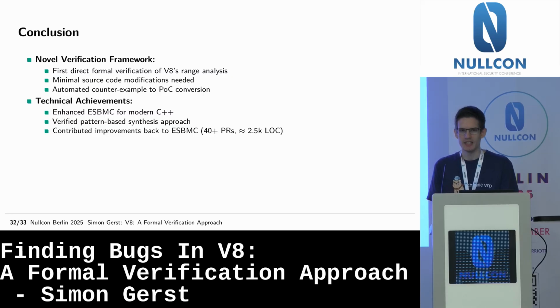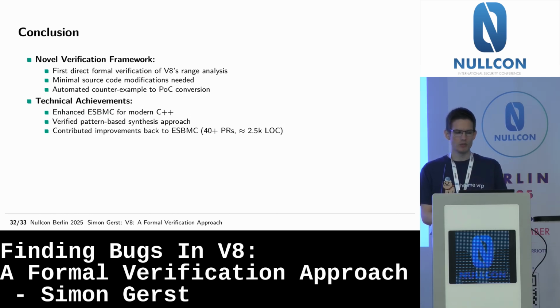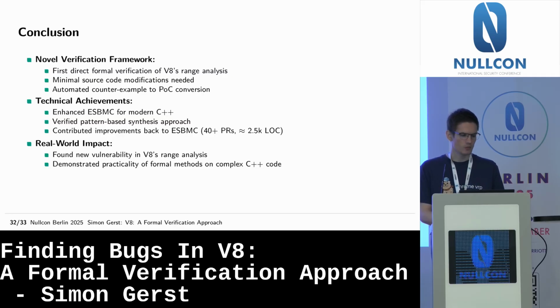And so I enhanced ESBMC a lot. I verified my pattern-based approach, and because I believe a lot in open source, I contributed most of my work back to ESBMC, 2.5k lines of code and 40 plus PRs, and I'm still contributing some of my fixes.